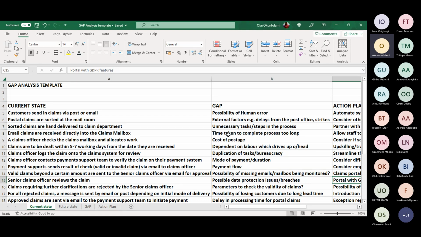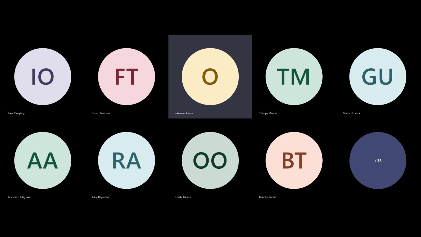Oh, I want to do this and I don't have the skills, so I'm going to acquire the skills, and you go do it. Oh, this system is not working as it should. Do I need to do an upgrade? I'm going to do the upgrade. That's the gap. You've identified the action plan, so we can apply it to our everyday life. I am now going to stop sharing.